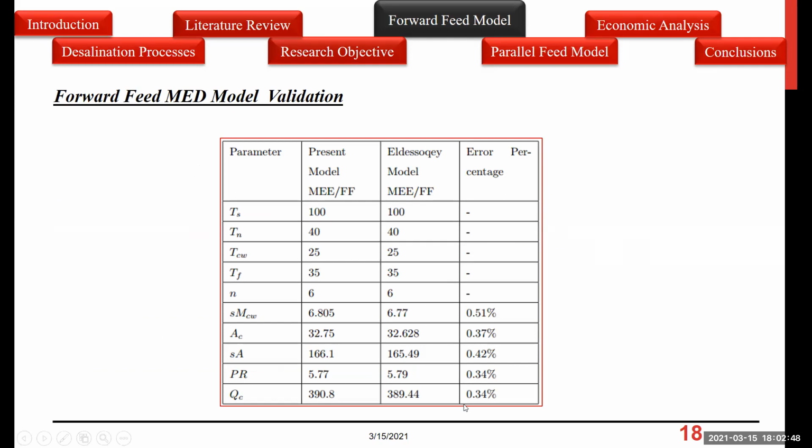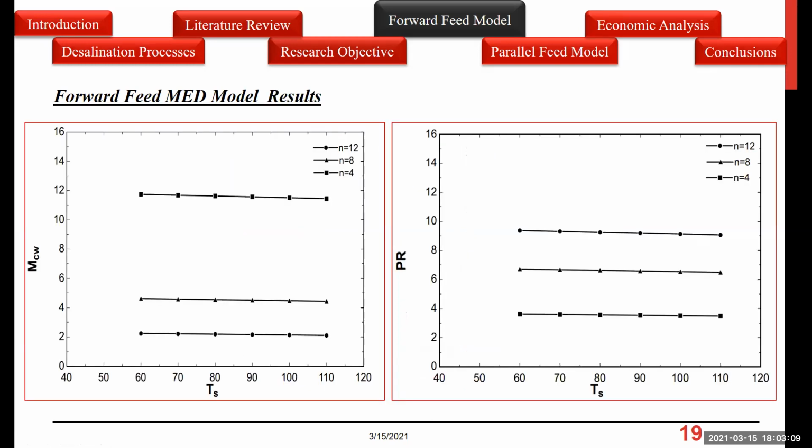We could find that the deviation between the calculated values for our model and for the Al-Dasuqi model that he reported, they are very close to each other. So here the maximum percentage difference is about 0.5. That means that the model is correct and we can start modifying it to what we need to do.